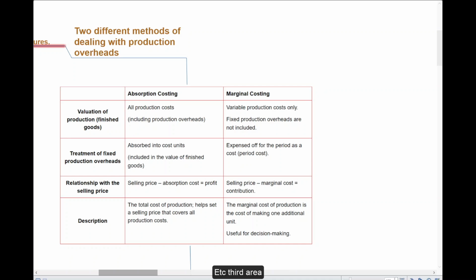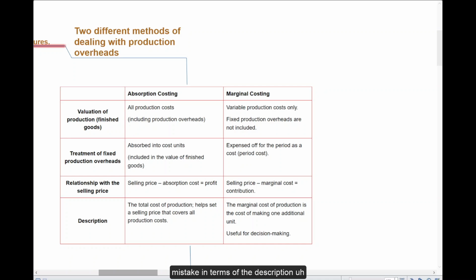Third area, relationship with the selling price. Selling price less absorption cost equals profit, as you would expect. Note with marginal costing, selling price less marginal cost equals contribution, not profit. Okay, let's be careful here. Easy to make a mistake.